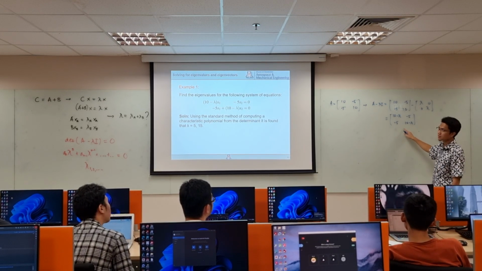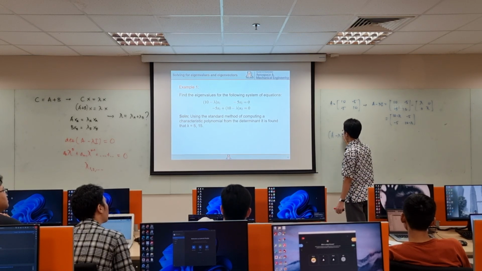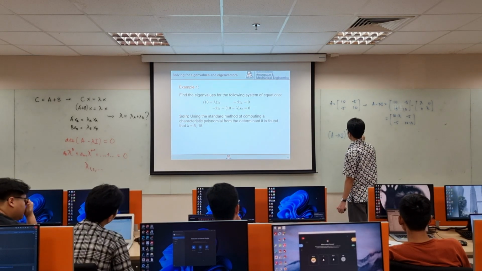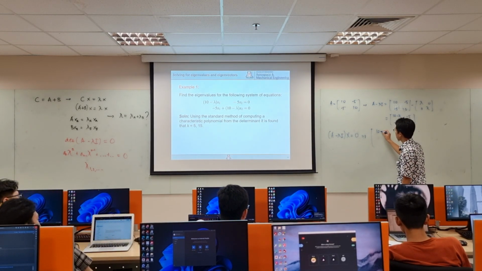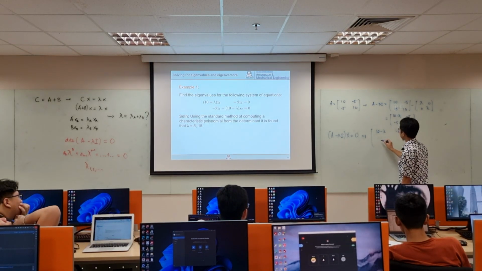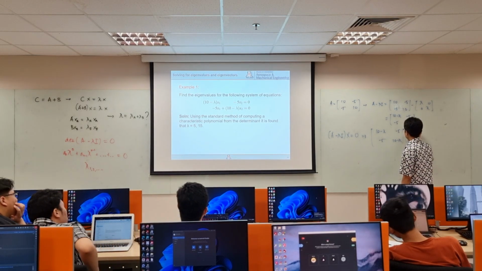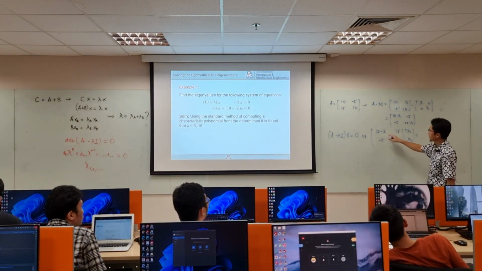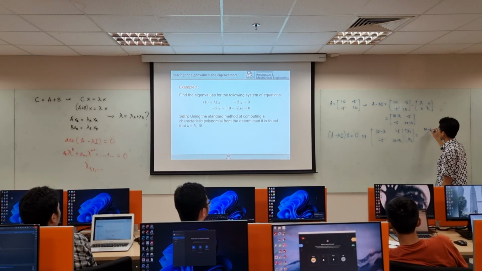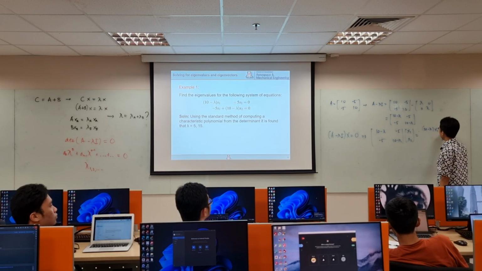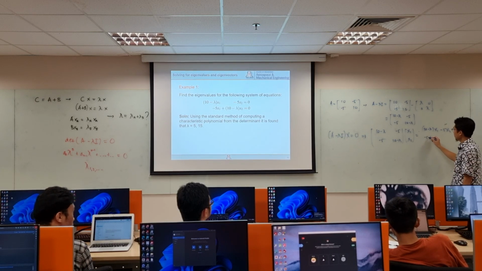Like this, correct. And we want to expand into A minus lambda I times x equal to 0, right? You know what happened? So this is 0, and then minus 5x1.